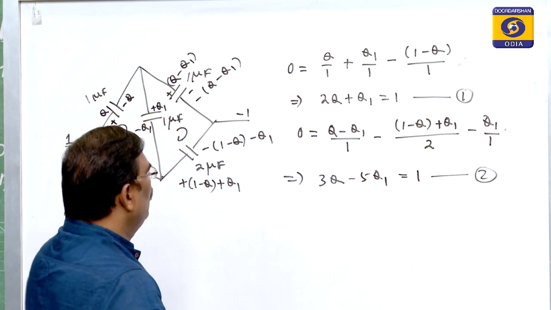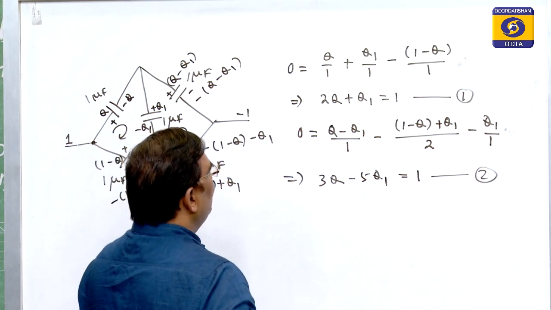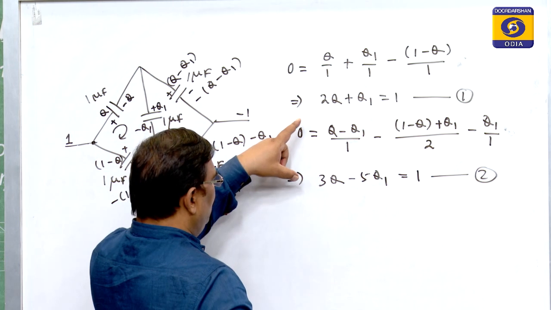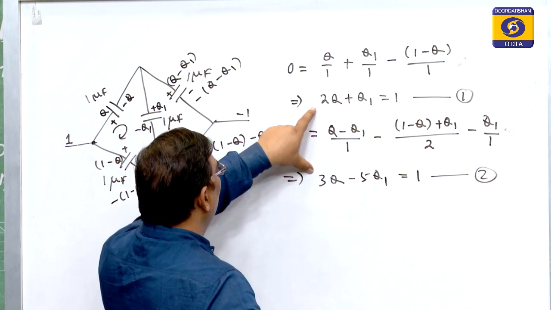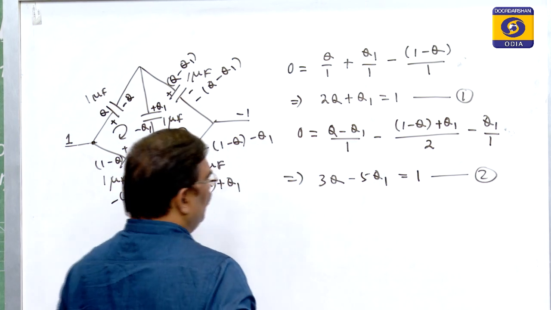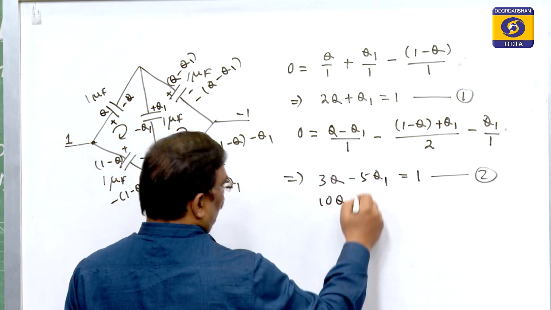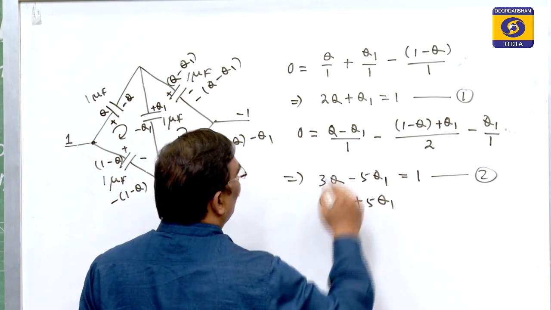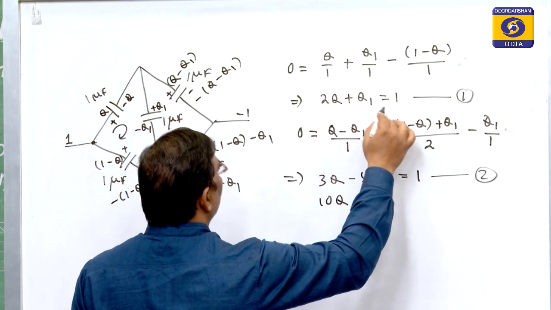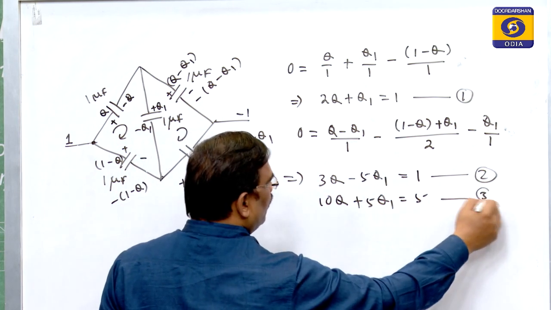Now, let us solve these two to find out the values of Q and Q1. So, if I multiply by 5 here, it is 10Q plus 5Q1 equal to 5, equation number 3.